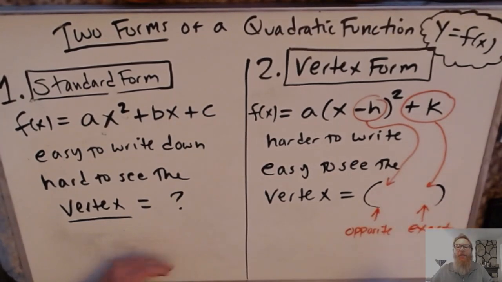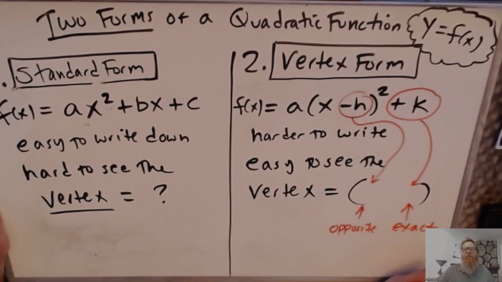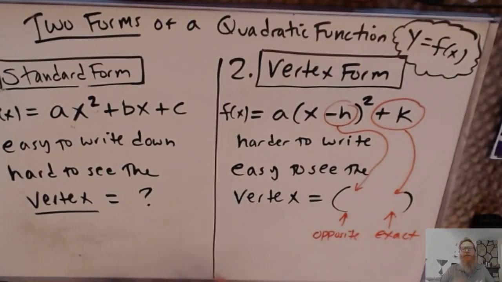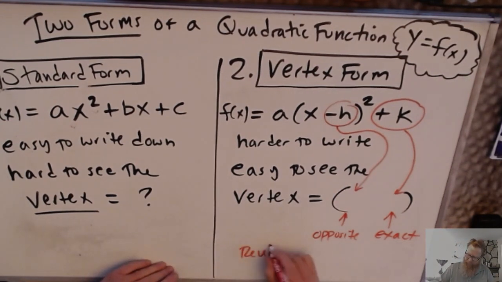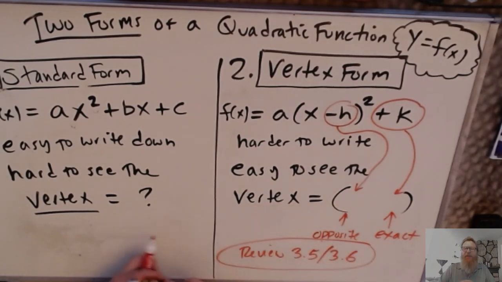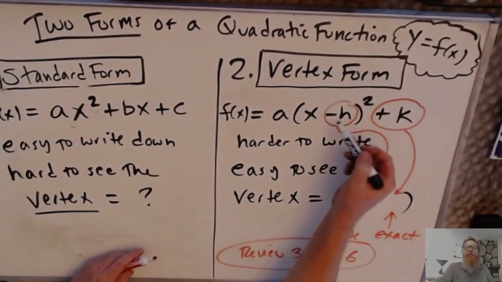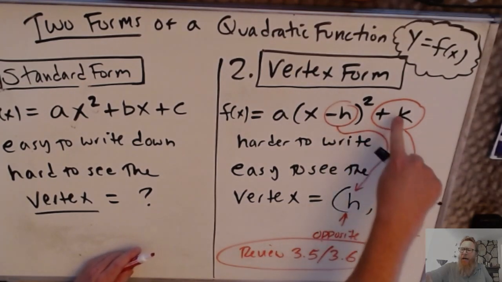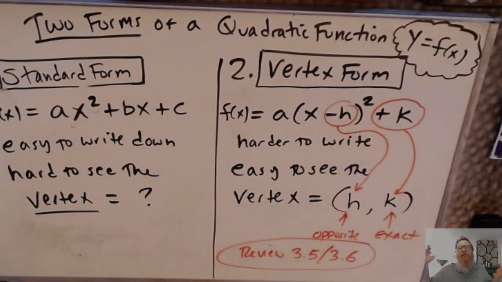That sound familiar? I sure hope so. I think it does to everybody that's done their homework from 3.5 and 3.6. So the inside number is opposite. So negative h becomes h, and positive k becomes positive k.